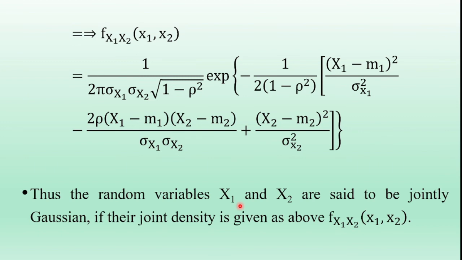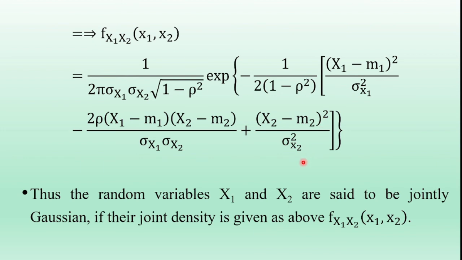So therefore, simplifying the RHS term of the above equation, we get 1 by 2 pi sigma x1 sigma x2 into square root of (1 minus rho square), exponential of minus 1 by 2 (1 minus rho square) [(x1 minus m1) whole square by sigma x1 square minus 2 rho (x1 minus m1)(x2 minus m2) by sigma x1 sigma x2 plus (x2 minus m2) whole square by sigma x2 square].